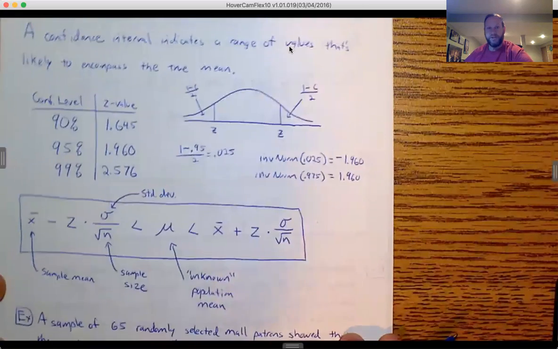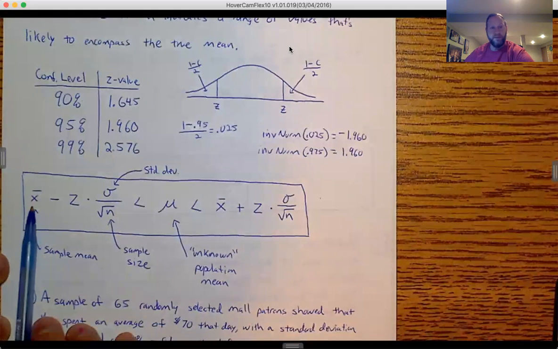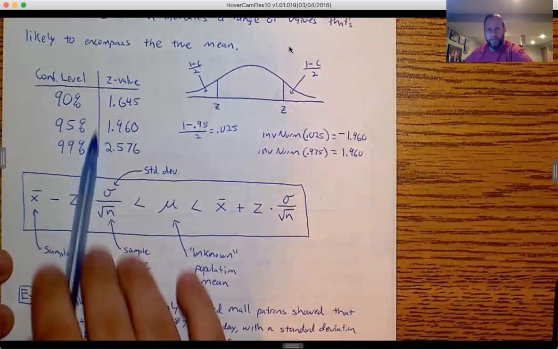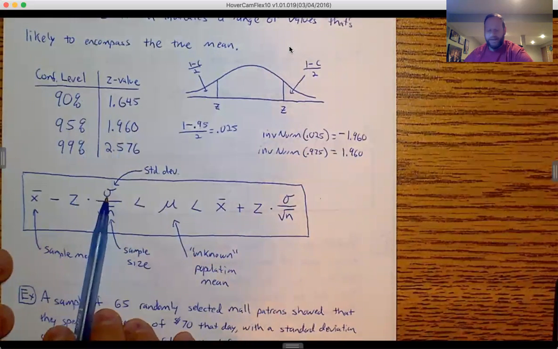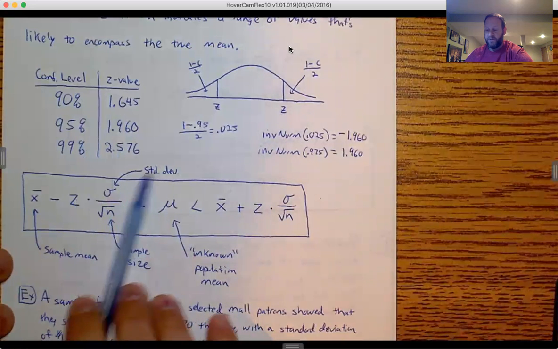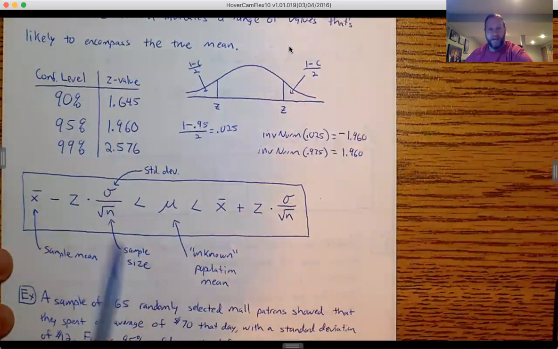Okay, so here's how you do your confidence intervals. You take the sample mean. So this will be given to you in the problem. This is the mean of what you got from your sample, minus the Z value. This comes from the chart, depending on which confidence interval you're going to use. Then you're going to take that times the standard deviation, which again will be given to you in the problem. That's the standard deviation of your sample, divided by the square root of your sample size.